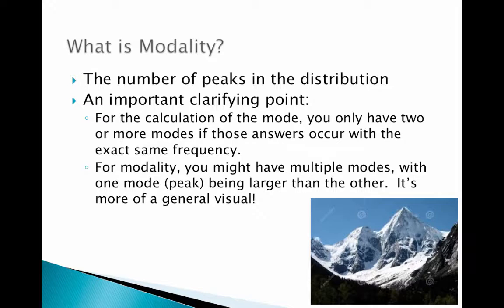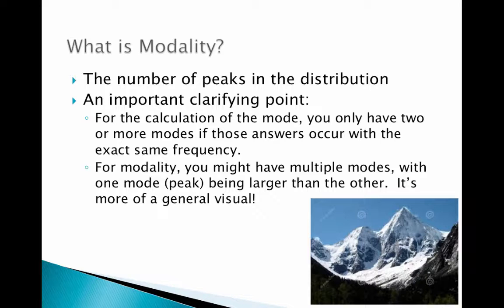So let's talk about modality. It's the number of peaks in your distribution. One thing about modality is that we can either have a unimodal distribution, if there was just one group or one score that was most frequent. We can have no mode if all the scores and all the groups were equal in size, same frequency.